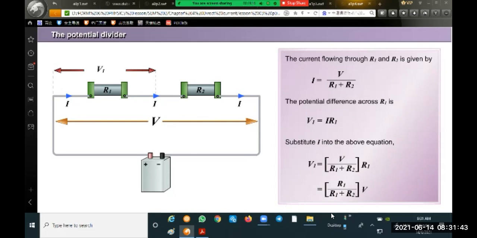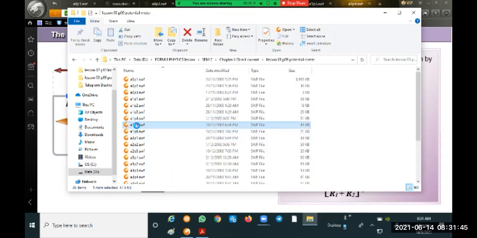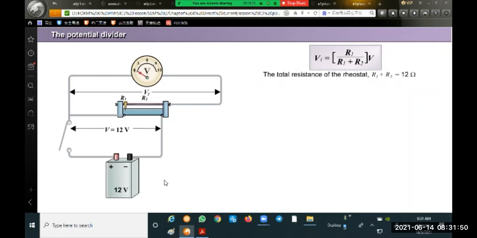And next, now look at the potential divider circuit again.